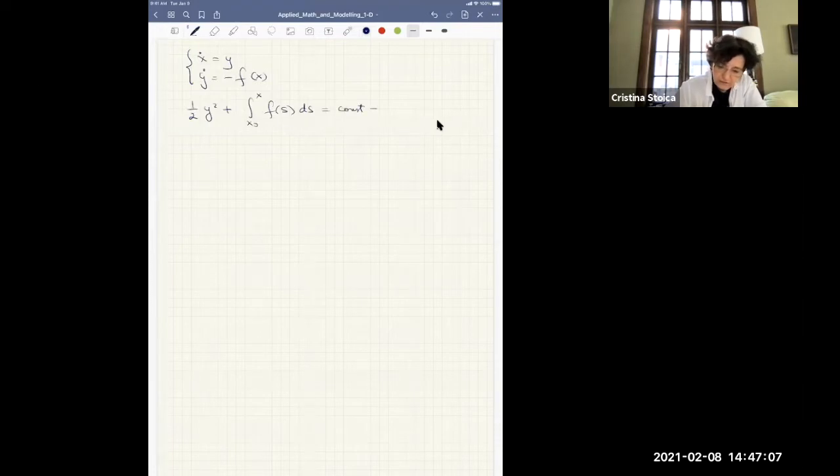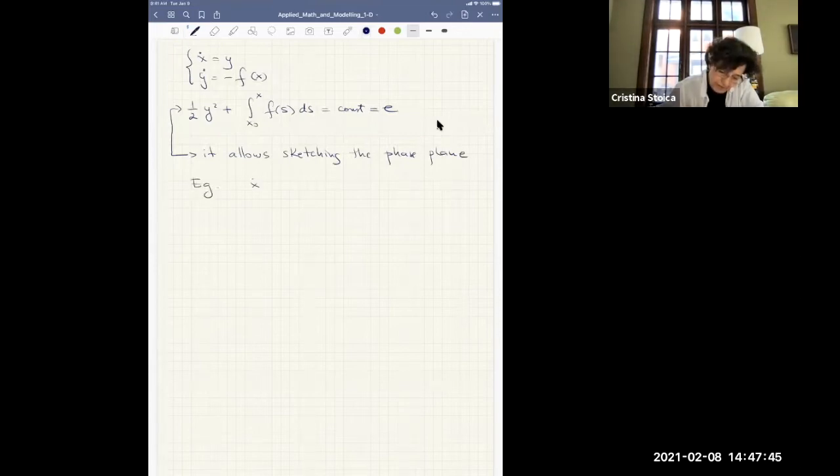So I'm going to call this constant little e. Now the presence of this integral of motion for this type of system allows the sketching of the phase plane.